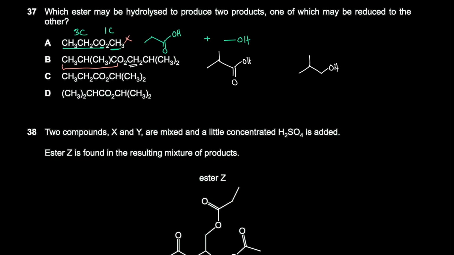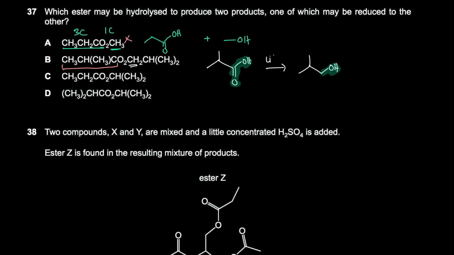And we know that this guy can be reduced to make this guy, because we know that a carboxylic acid can be reduced to a primary alcohol. They have the same carbon chain. So here we have 2 different products, and one of those products can be reduced to make the other product.